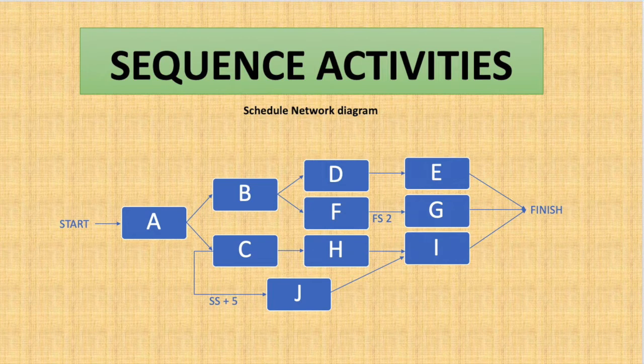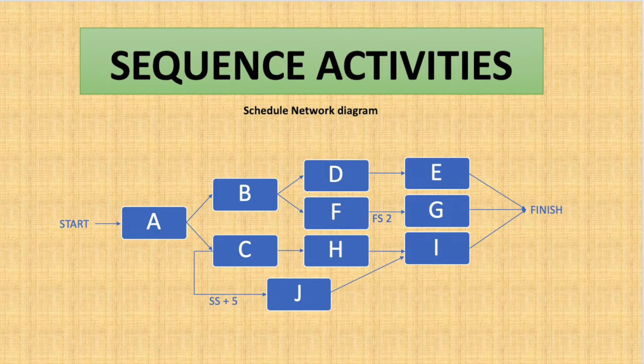We have activity A, and activity A has two successors, activity B and activity C. Activity B has two successors, activity D and activity F. Activity D has one successor, that is activity E. Activity F has activity G as a successor. Activity C has one successor, activity H, and activity I has one successor, activity J.